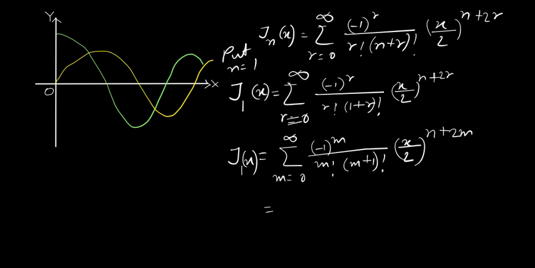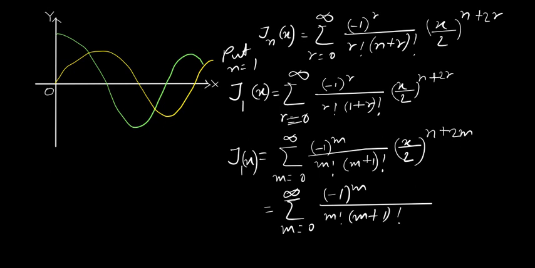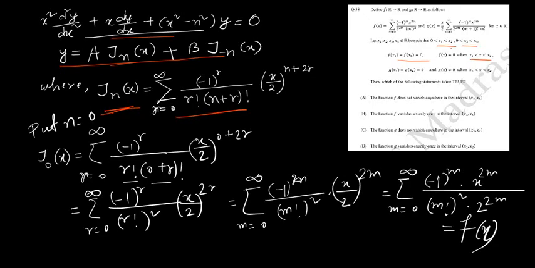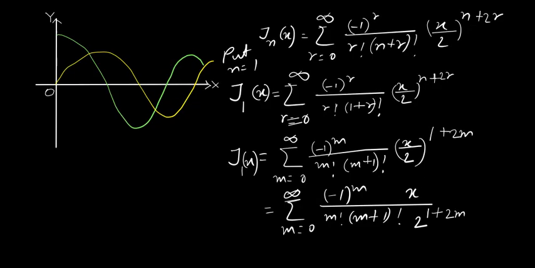And this is summation m equals 0 to infinity of (-1)^m by factorial m into (m plus 1) factorial into 2 to the power 1 plus 2m, and x to the power 1 plus 2m.